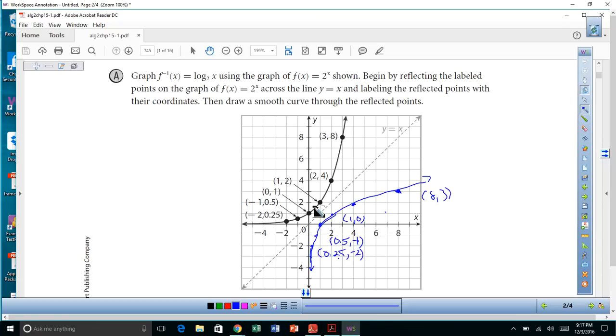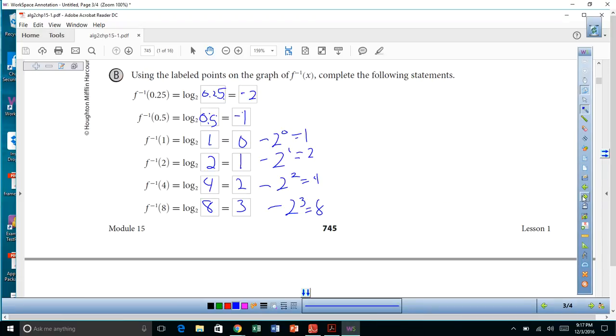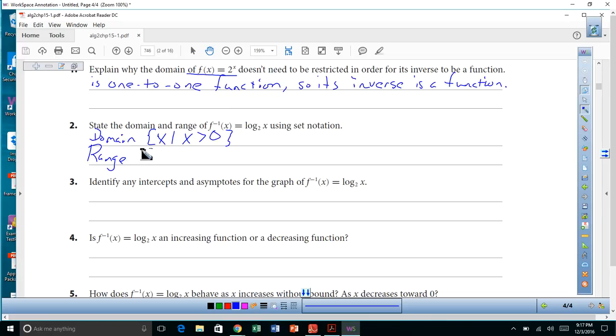So it will reach infinity on x, but it also reaches infinity on y. So we're going to say the range is y such that negative infinity is less than y, which is less than positive infinity.